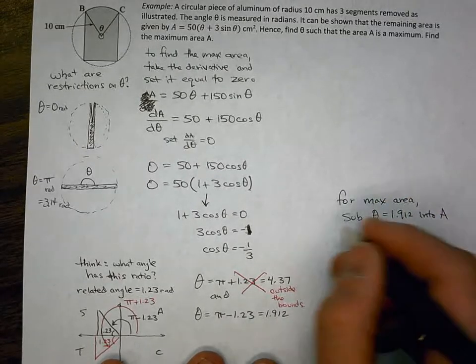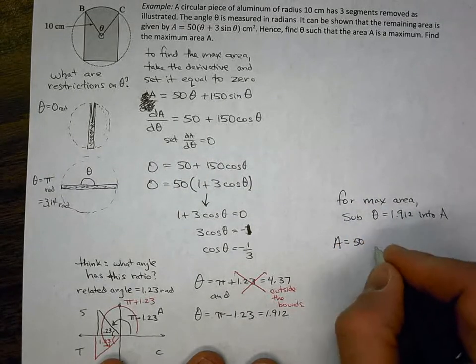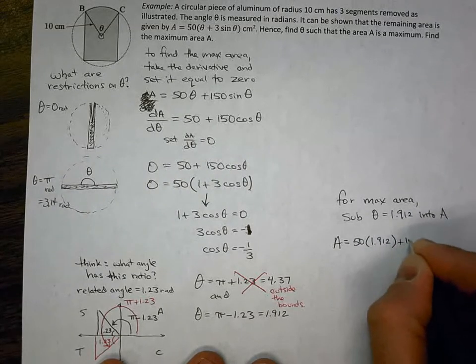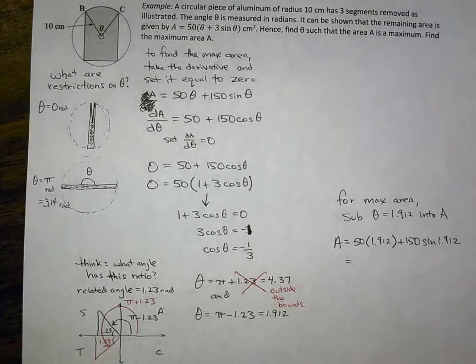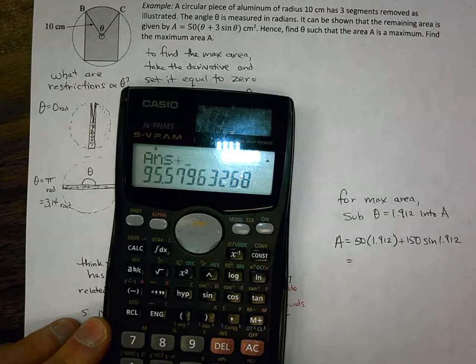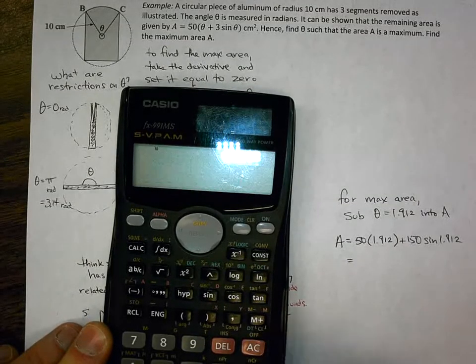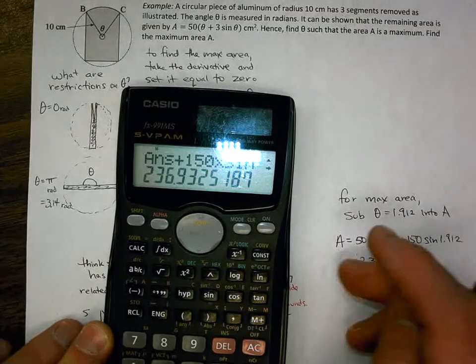So I end up with A is equal to 50 times 1.912 plus 150 sine 1.912. And that gives me 236.93 centimeters squared.